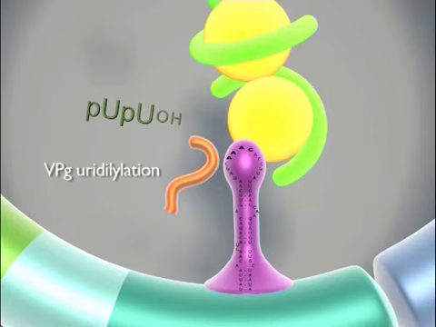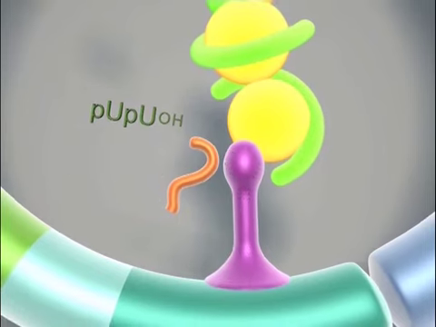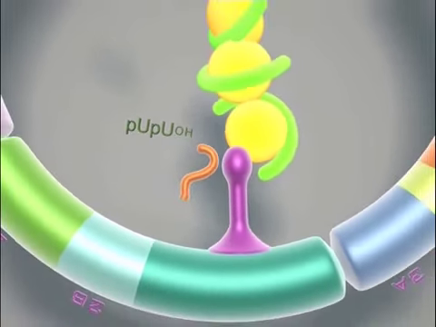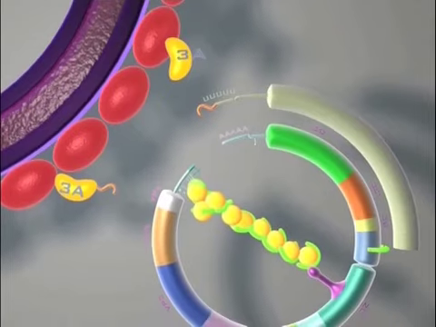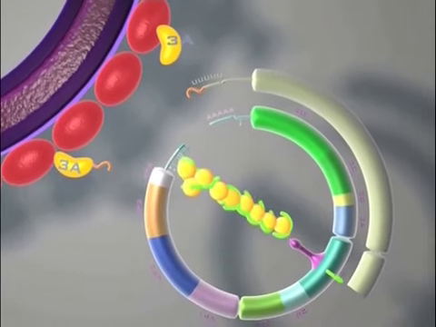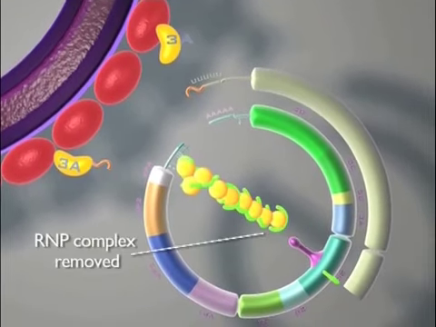This is called uridylylation of VPg, and it may happen recurrently to produce a reservoir of uridylylated VPgs. The ongoing VPg uridylylation is thought to be terminated by the elongating polymerase reaching the Cre element and causing once again the breaking of the RNP complex.